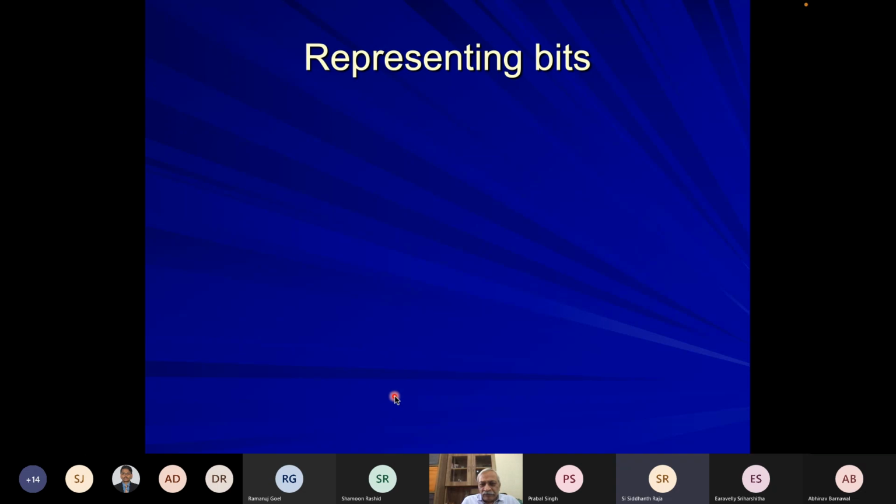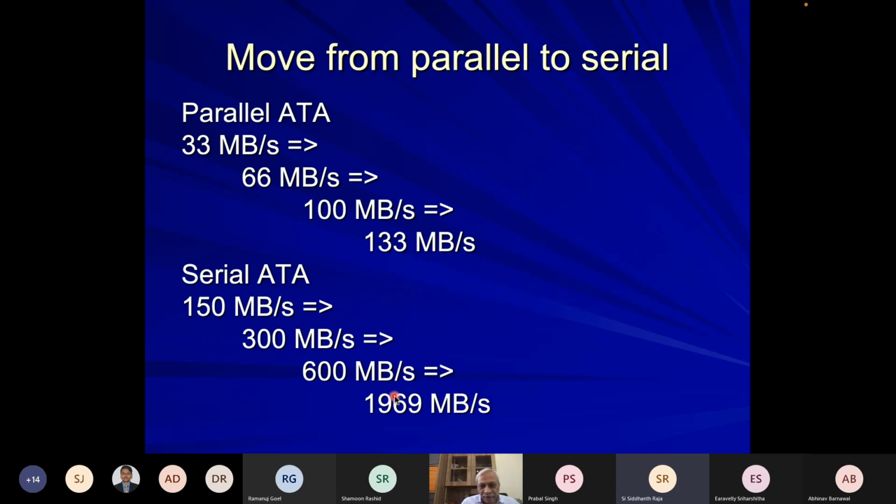But still, for transferring a 32-bit number, let's say, in the parallel case it will take place within one clock cycle, since a parallel bus takes so many bits together. And in the serial case, it will take 32 clock cycles, although the clock duration may be different. Those clock cycles can be very fast.